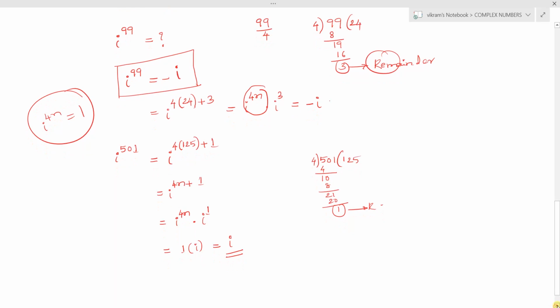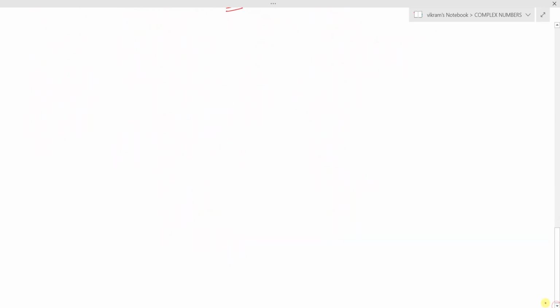So now we can summarize. We can write it as iota^(4n+r) equals iota^r.